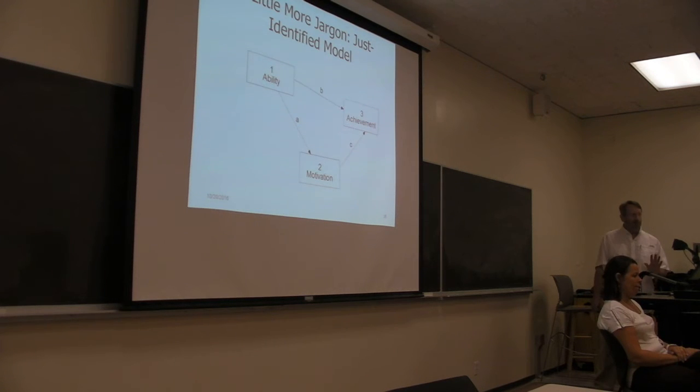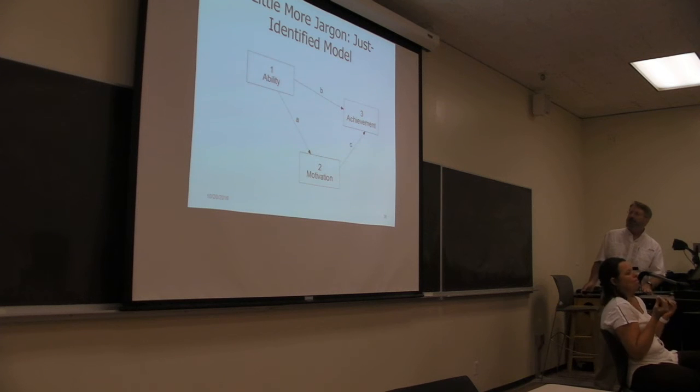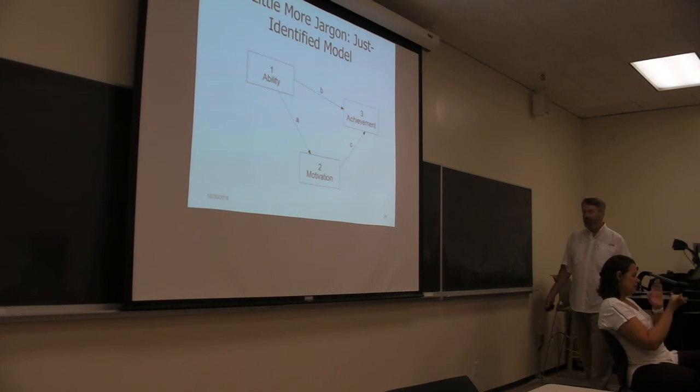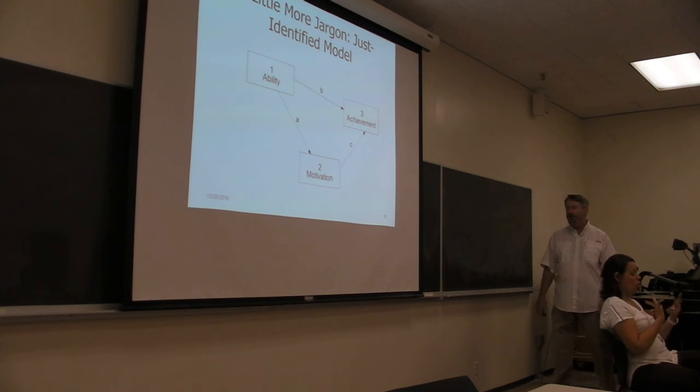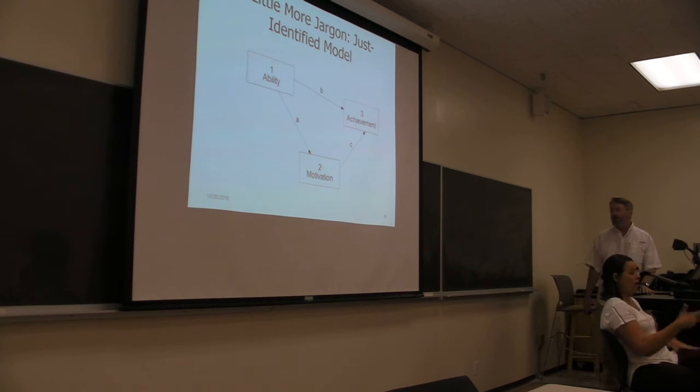Okay, just a little more jargon. This model is what is known as a just identified model. The easy way to think about that is we have just enough information to solve for the paths. We had 3 unknowns and we had 3 knowns, and so we had just enough information to solve for the 3 paths.